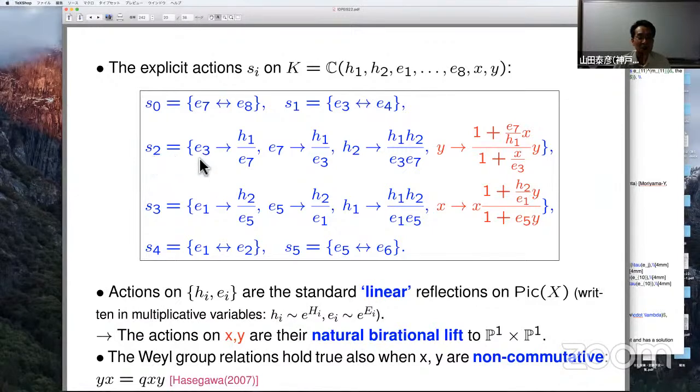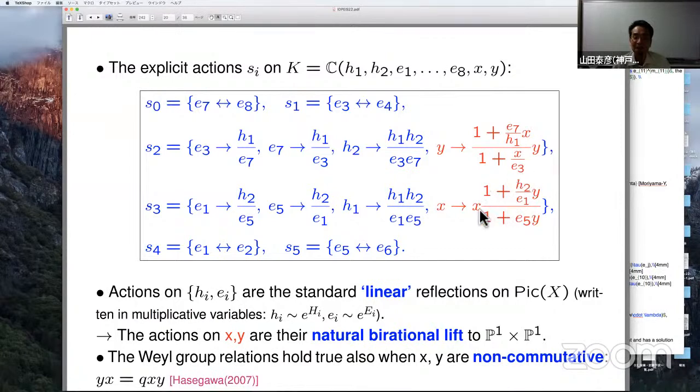And S2 is the exchange of the exceptional divisor of the 3rd point and the horizontal line passing through the 7th point. And S3 is also the exchange of the exceptional divisor and the horizontal line.